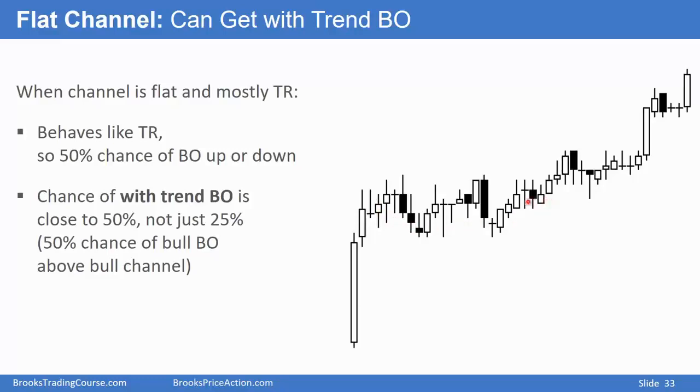Is it a trading range? I don't know. But the flatter it is, the more the probability is that there'll be a 50% chance of trend resumption up, a bull breakout above the bull channel, and not just a 25% chance. A bull channel, but pretty flat, and therefore, instead of a 75% chance of a bear breakout, it's probably closer to 50-50 that you'll get a bear breakout or a bull breakout.